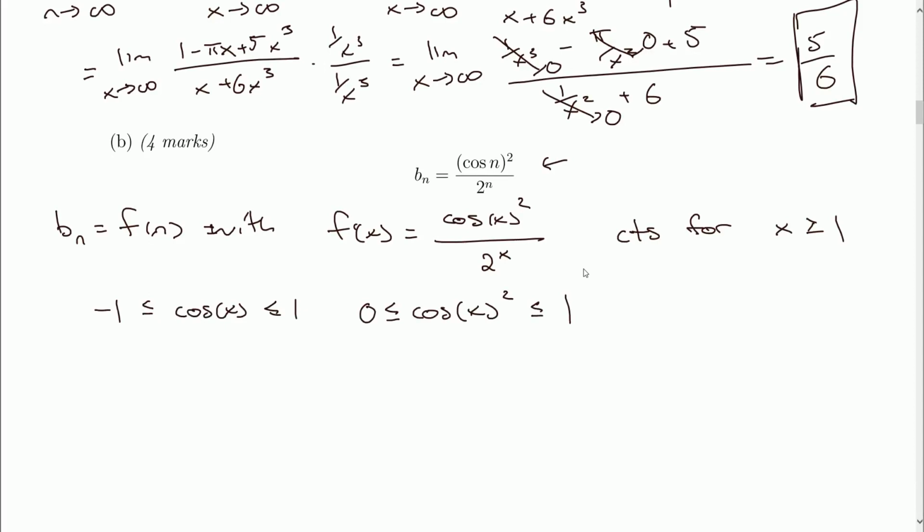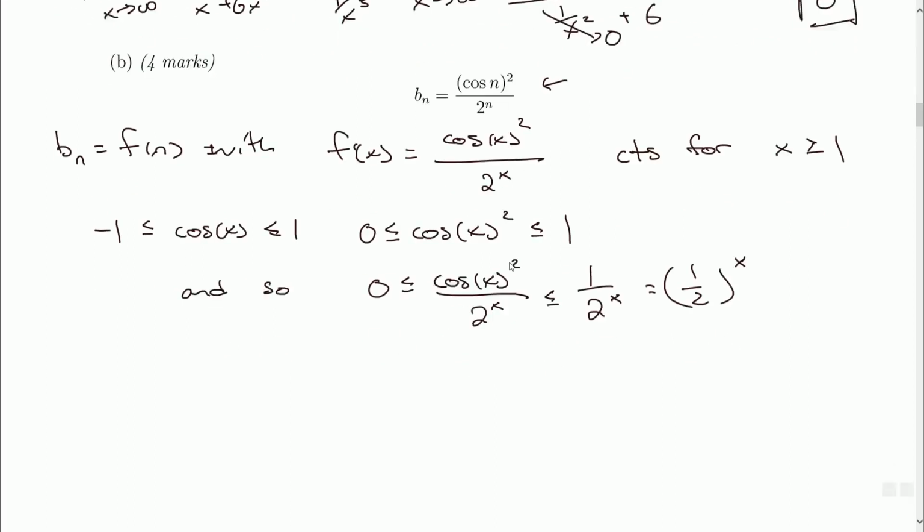Okay, and then what can I say? If I divide by 2 to the x on both sides, I'm dividing by a positive number, so the signs never change here. Now I've got 1 over 2 to the x, which is really just 1/2 to the x.